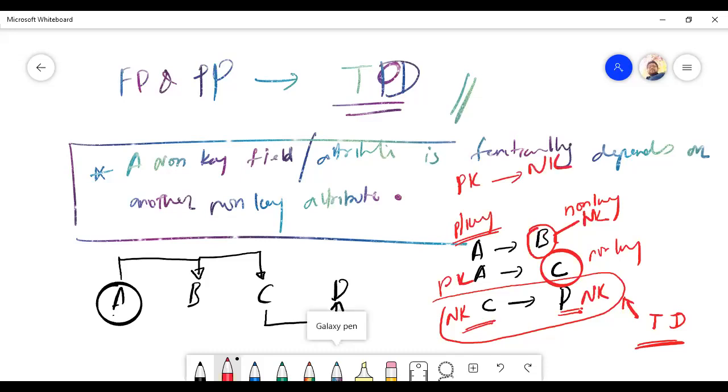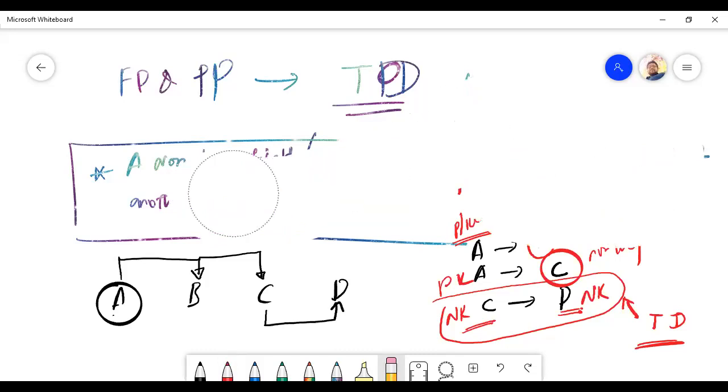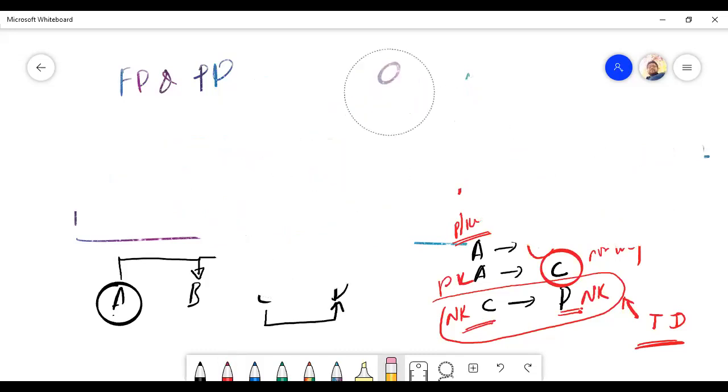So in other words I can go like this, right? So the non-key depending on the primary key, right? This is a normal situation.